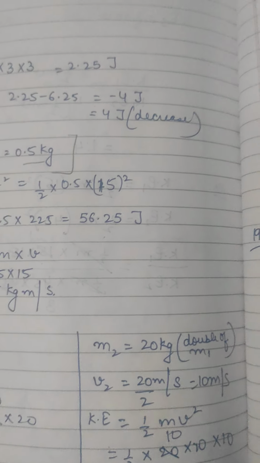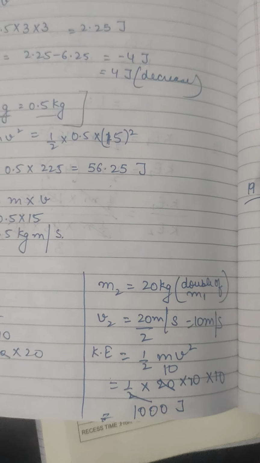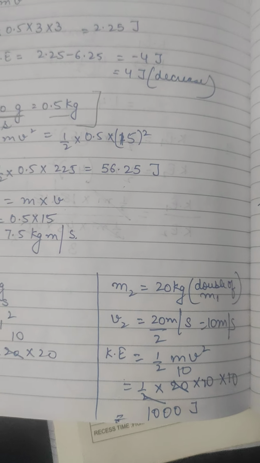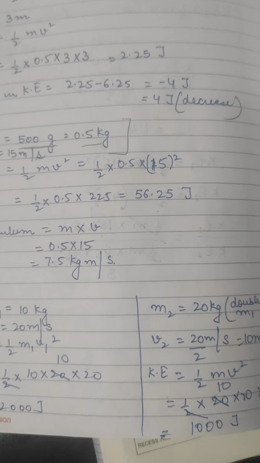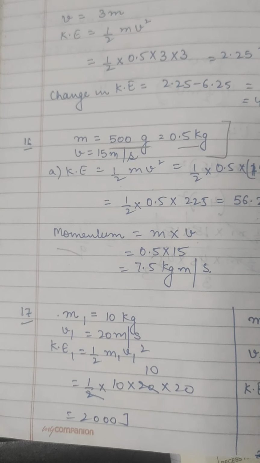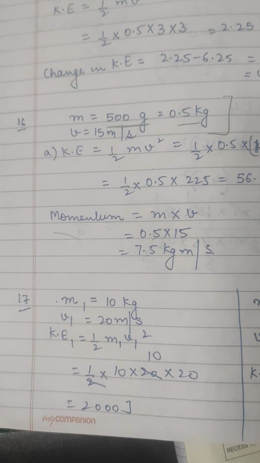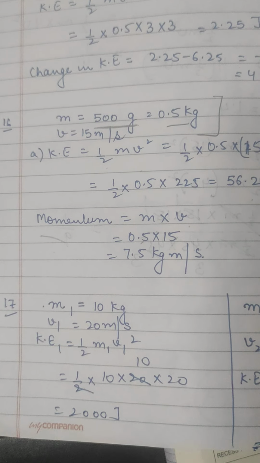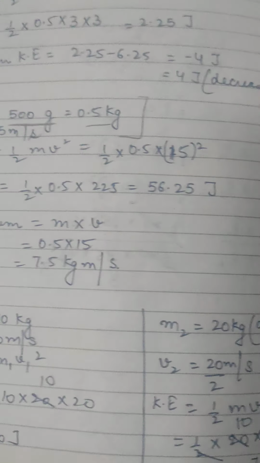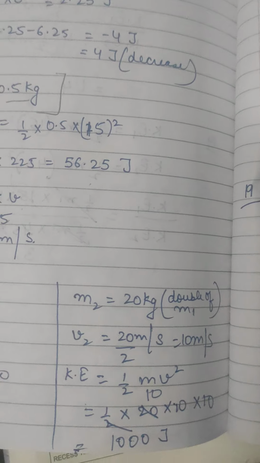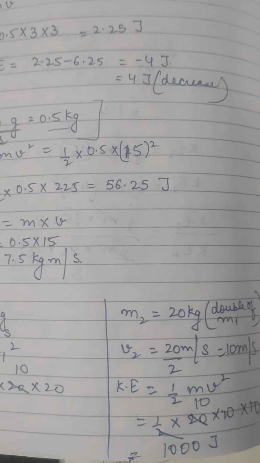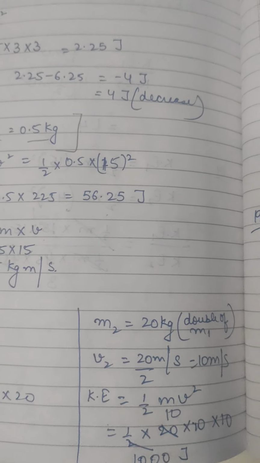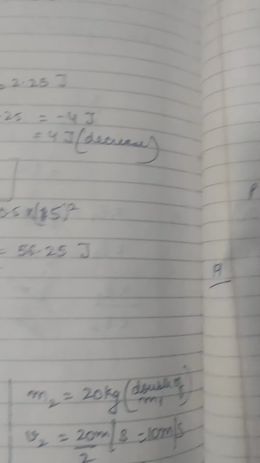Mass is doubled and velocity is halved, that will become 20 by 2, 10 meter per second. You have to find out the initial kinetic energy and the final kinetic energy. So this is half mv square, in this case where mass is 10 kg and velocity is 20 meter per second. Here we have mass as 20 kg and velocity as 10 meter per second. Putting down the values, you will get the values as 2000 joules and 1000 joules.